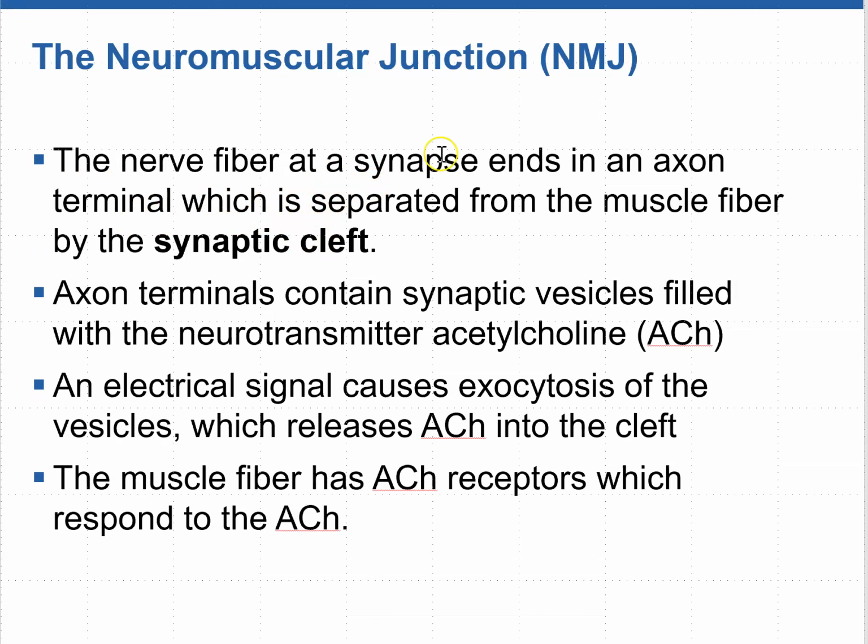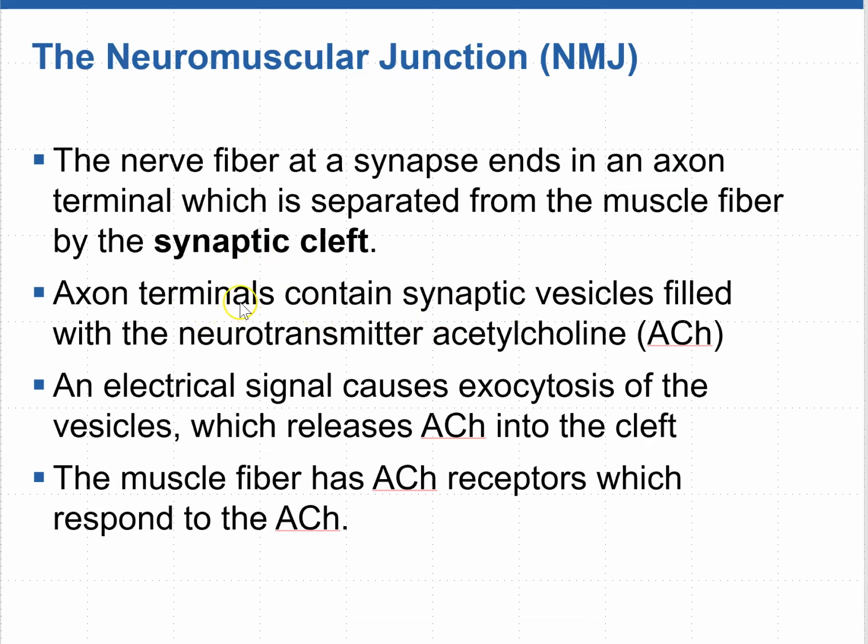Now, at the point where the synapse meets a muscle fiber, there is a cleft that separates the muscle fiber from the axon. And this is called the synaptic cleft, the opening where the neurotransmitters are released.